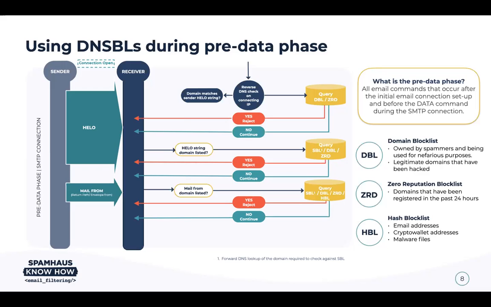If you are not familiar with the hash blocklist, it is basically a container where we put hashes of various types of tokens we find inside abusive messages, and for this specific case, email addresses related to abuse are one of them. So checking if the sender is listed by the HBL is one additional thing you can do.